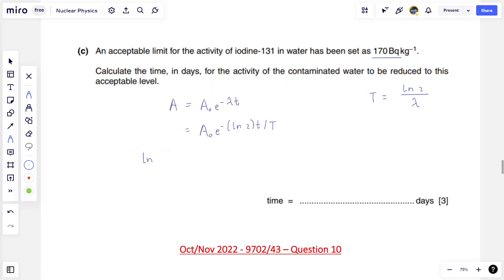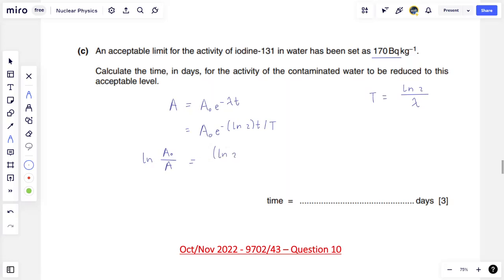I can also get rid of this minus sign. Log of A over A naught is the same as minus log A naught over A. And so I get rid of the minus sign after taking logs, because I don't like negative numbers.